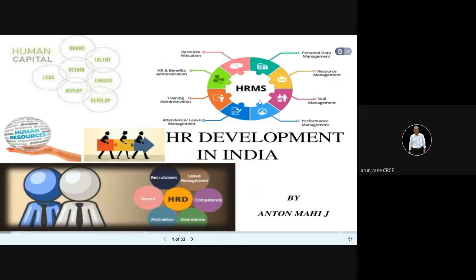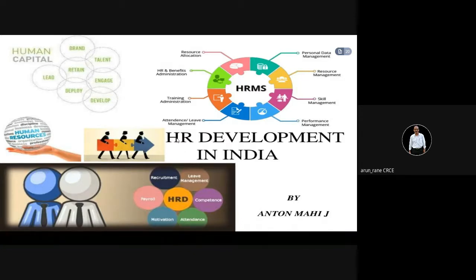So how did HR development take place in India? HR, as you know, stands for human resources. Now there are two things: technology and human resources. Some industries believe in human resources, some believe in technology. That's why you can see some industries working totally unmanned, fully automated.